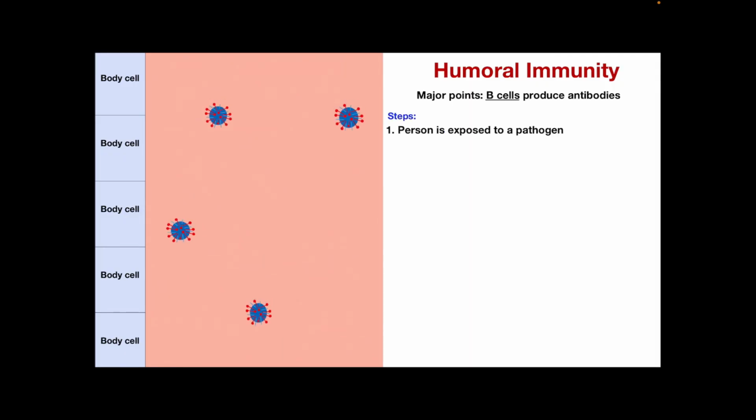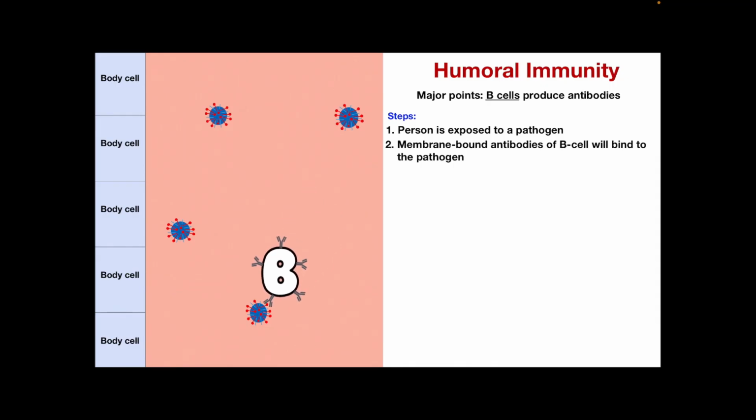Now let us take a look at how the humoral immunity processes the antigen. Again, in this type of immunity, B cells are created to produce antibodies. For example, if a person is exposed to a pathogen, the membrane-bound antibodies of a B cell will bind to the pathogen. This is a B cell, and it has these membrane-bound antibodies that bind to the pathogen.